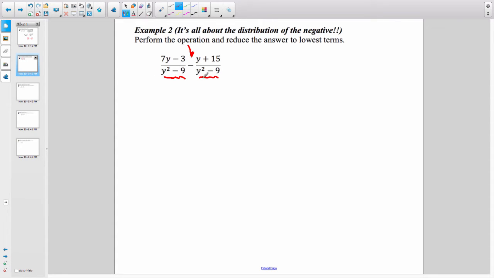Our LCD is y squared minus 9. Both fractions have that in their denominator, so we don't have to do anything. So then we said we would combine the top using the operation that we were given. Well, that was subtraction in this case, right? So let me write it like this. Over this beautiful denominator, y squared minus 9.